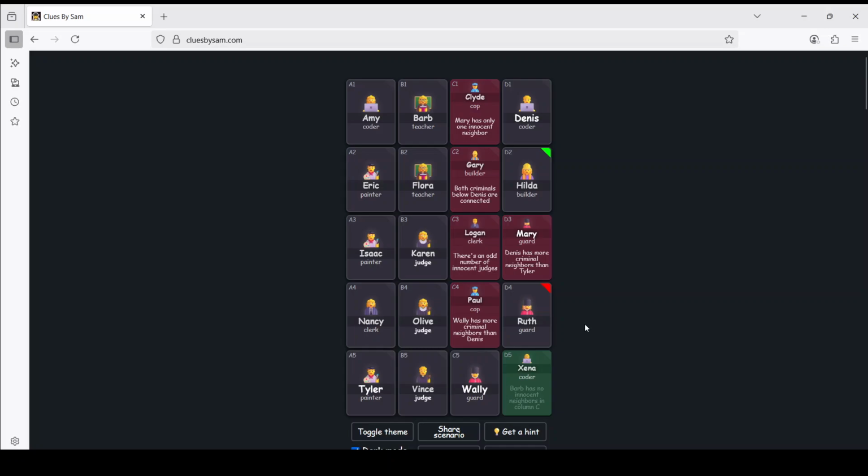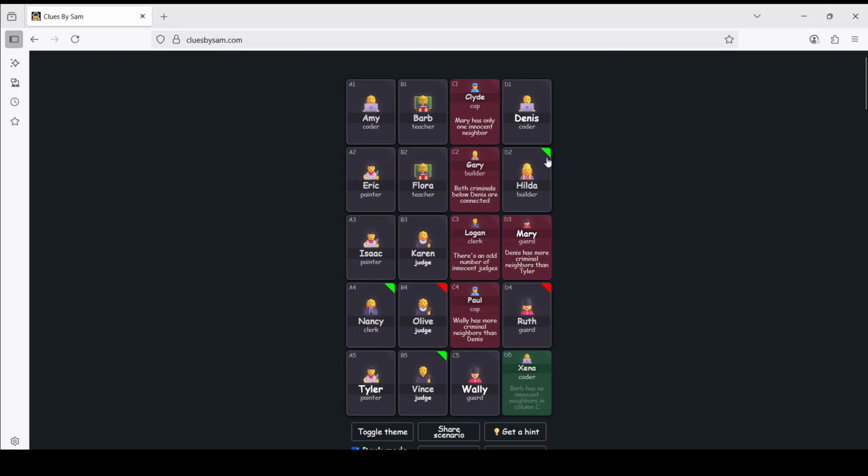That would give Wally at least 2 criminal neighbors, and then one of the judges would be a criminal neighbor. And if only one of those, it could be either Olive or Vince. We don't have enough information at this point. But if we've got at least 1 criminal and 1 innocent, then Nancy would have to be innocent so that Tyler could have fewer criminal neighbors than Dennis.